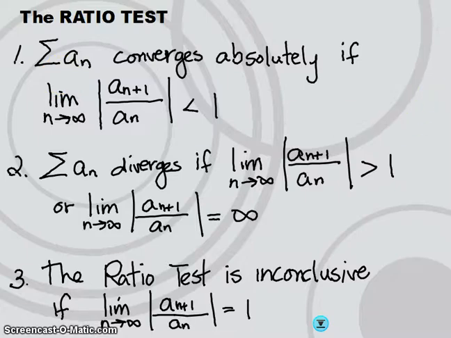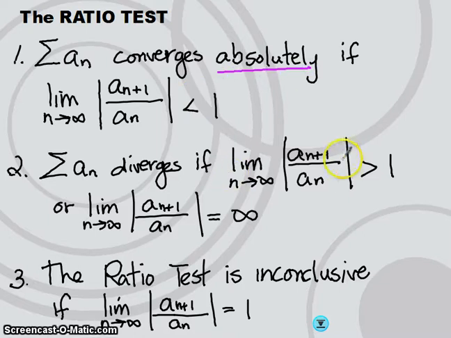So here's the ratio test in so many words, and you can pause this and read it. I'm not going to read each one, but the main thing about the ratio test is that we are finding the limit of the absolute value of a ratio. We're going to take the a sub n plus first term and divide it by a sub n. If we take that limit as n goes to infinity and we get some value less than 1, then it converges absolutely.